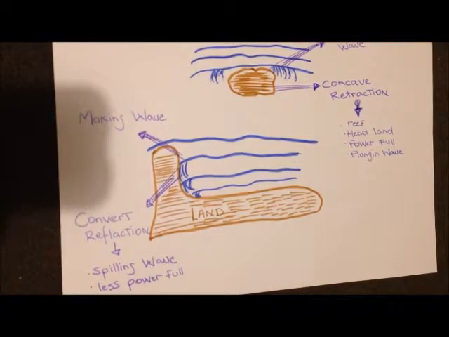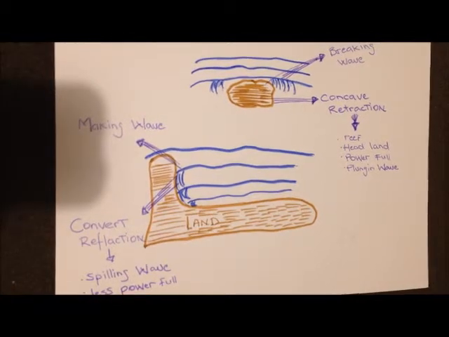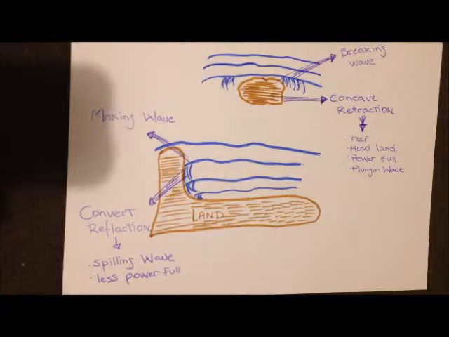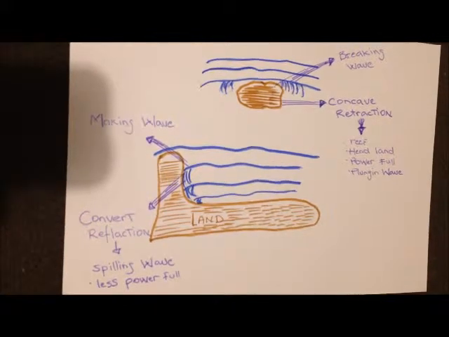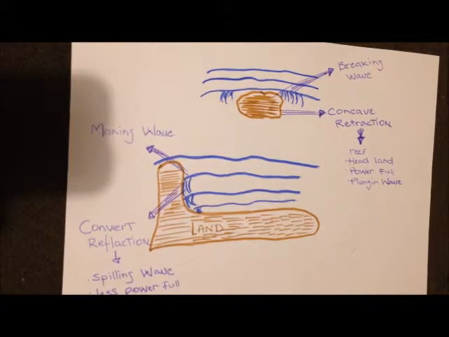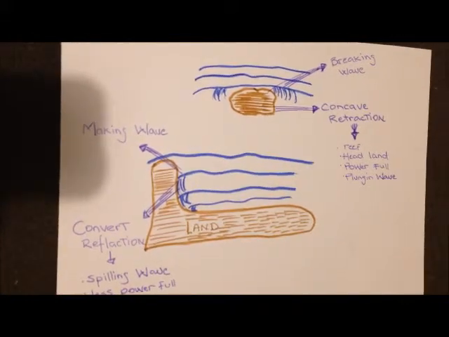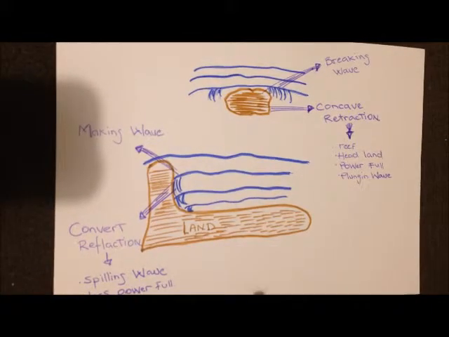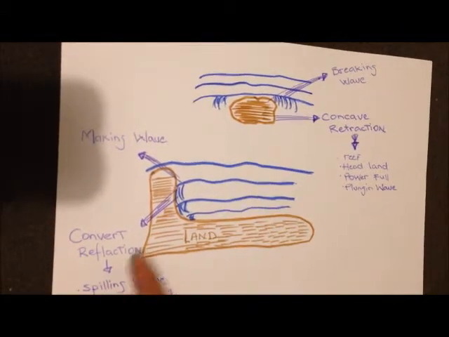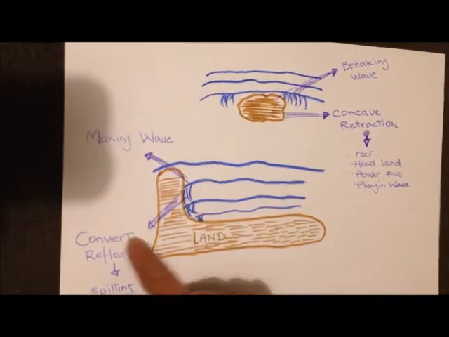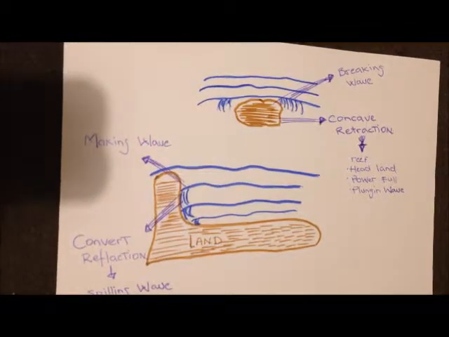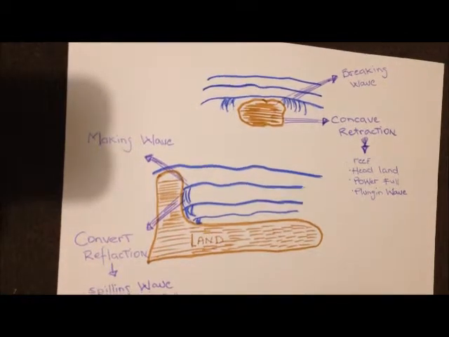Now we're talking about reflection waves. It's a change in direction of a wave at an interface between two different media, where the wave returns into the medium from which it originated. So you have a land, convex refraction wave, making the wave spilling and less powerful.